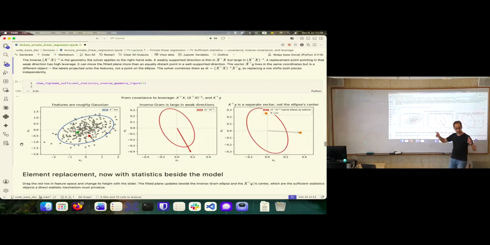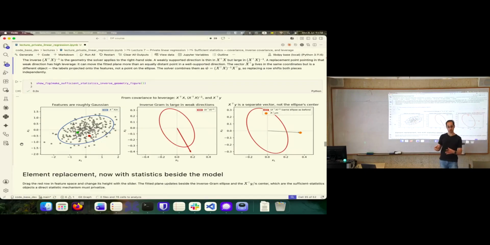So the sensitivity is exactly flipped. This quantity is the inverse of x transpose x, and the direction in which the sensitivity is larger is this direction, exactly where we saw before that it's somewhat degenerate.